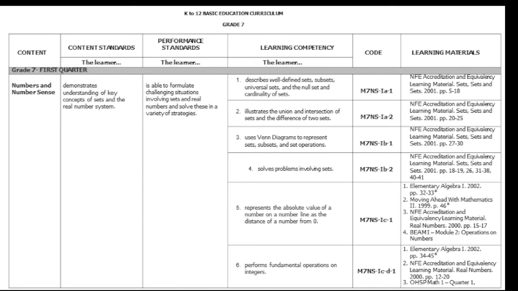Next is the learning competency. This is detailed, no? The performance and the content standard itself is a really broad topic: demonstrate understanding of sets and real number systems. The learning competency is very detailed. It's a day-to-day or weekly basis of lessons. Number 1, for example: describe well-defined sets, subsets, universal sets, and the null set, cardinality.